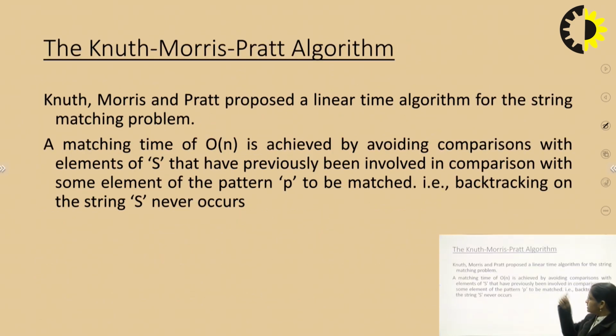So the second algorithm we are going to discuss is the Knuth-Morris-Pratt algorithm. Knuth, Morris and Pratt, basically these are scientists that proposed a linear algorithm for the string matching problem, and the matching time is O of n.